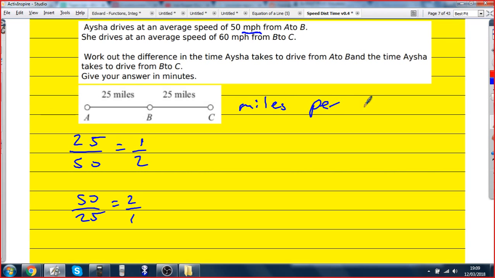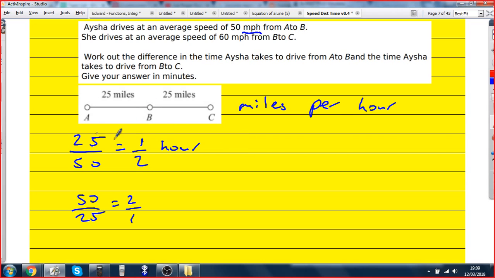So you have miles and you have hour. Which one of those is the time? Half a mile per hour. We found the time. Oh, so... I'm getting really confused. Basically half an hour.